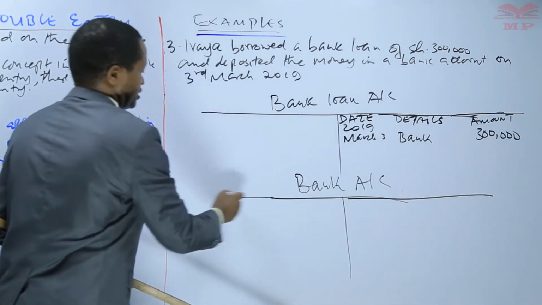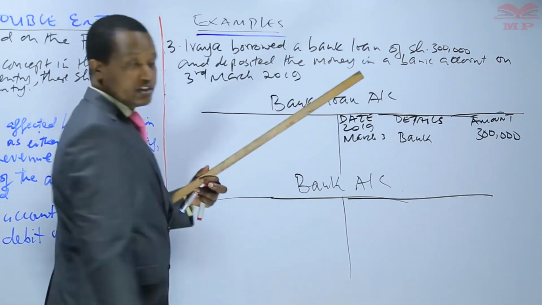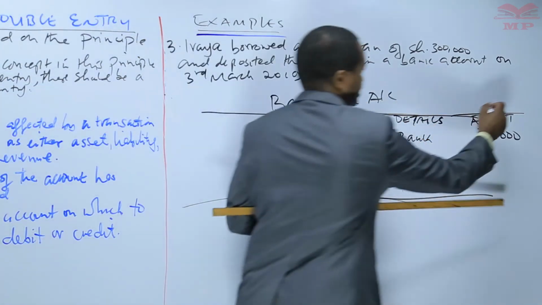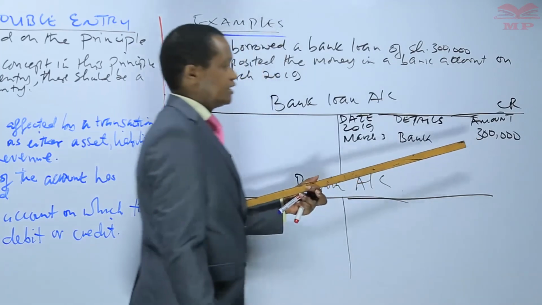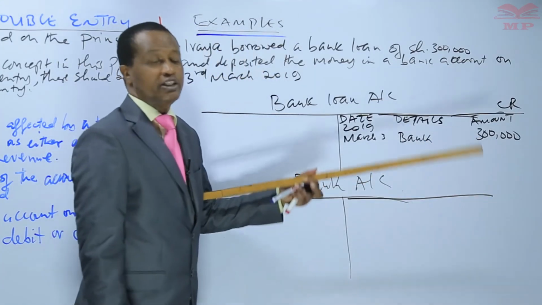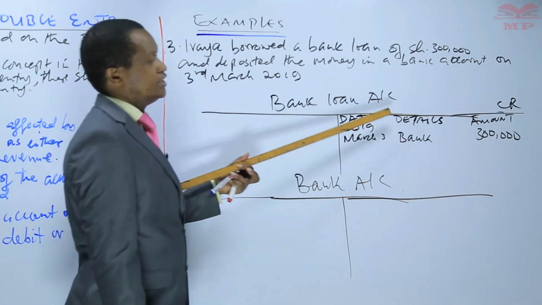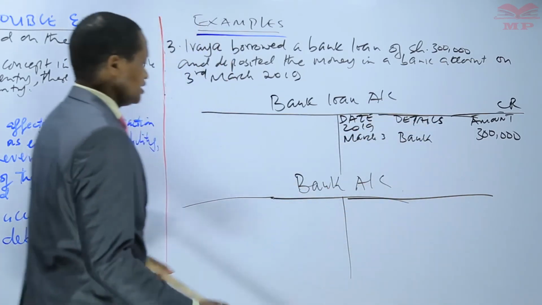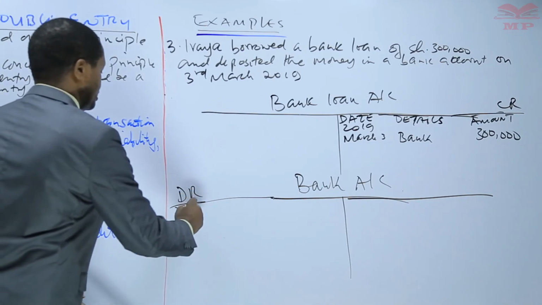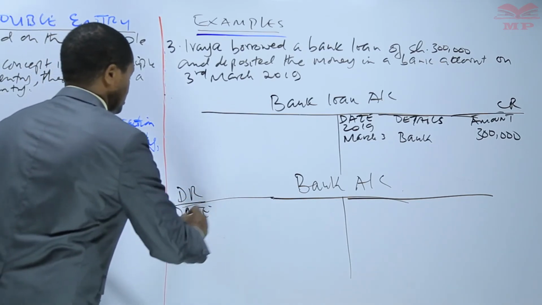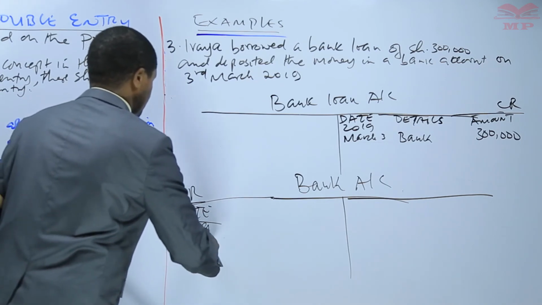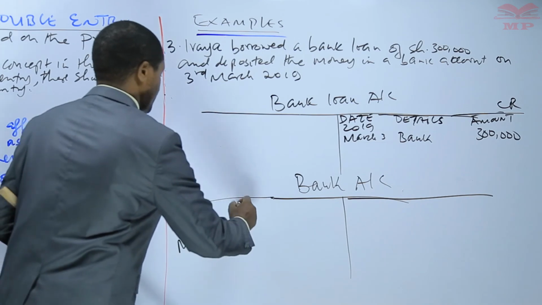So double entry concept. For every credit entry, we have credited this account. For every credit entry, there must be a corresponding debit entry. If this account is credited, then the other one should be debited. So we debit, we indicate the date. The date is 2019 March 3.